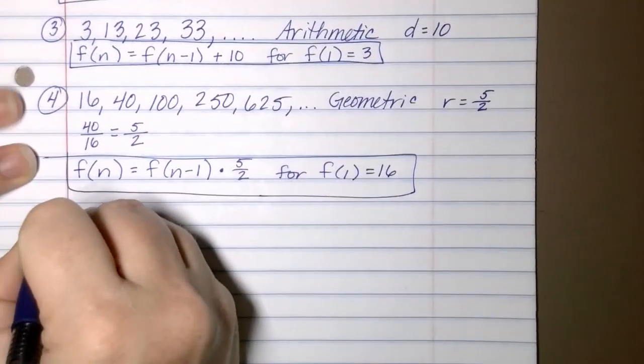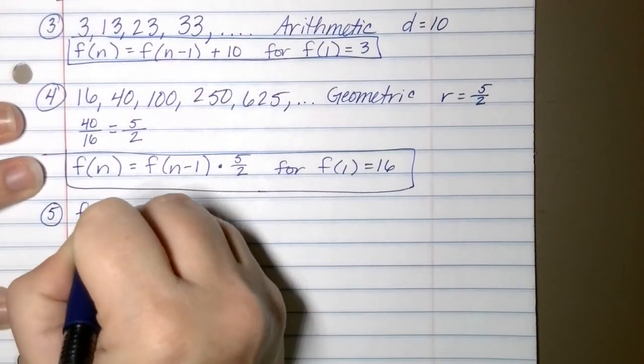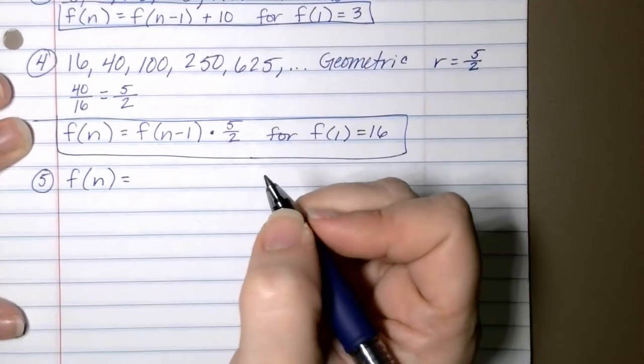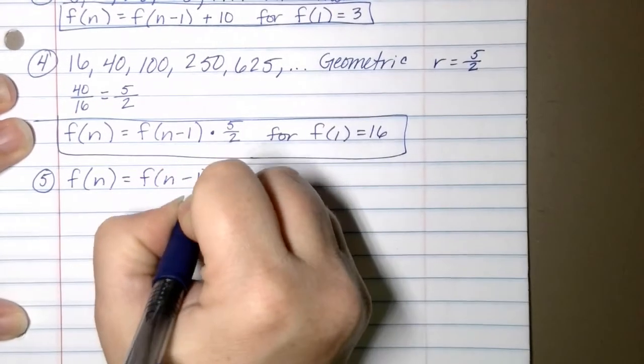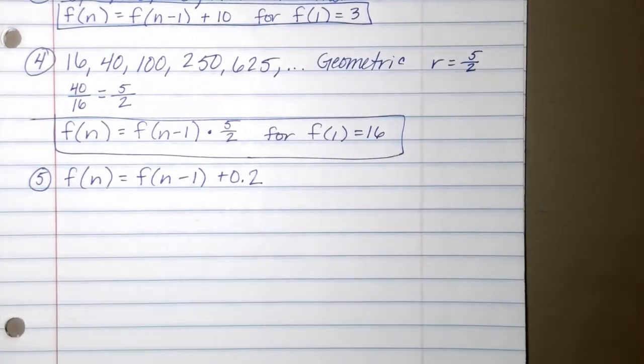Your instructions here. I'm going to give you a rule, and you need to give me the first 4 terms in that sequence. Now, stopping right there for a minute, what kind of sequence is this going to be? Arithmetic, because we are adding a d value.